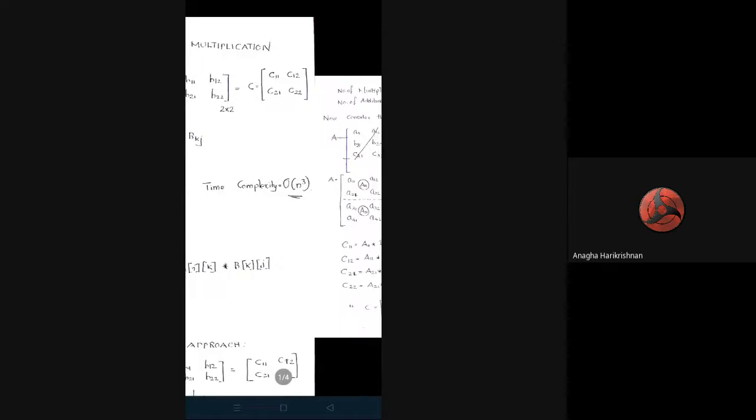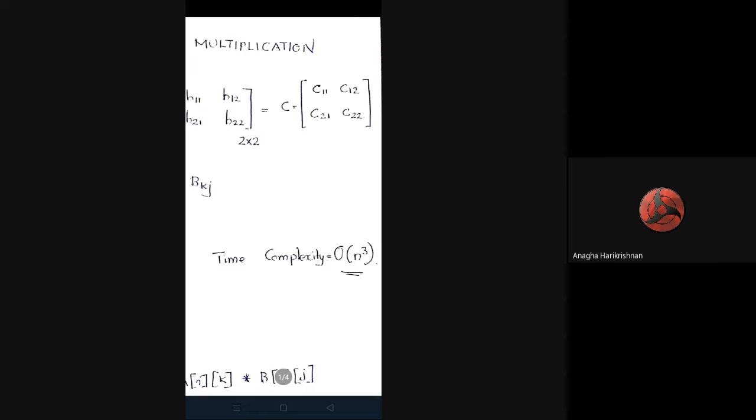Here we are considering both matrices to be square matrices. There is a matrix A, its order is 2 by 2. There is a matrix B, its order is 2 by 2. Then we want to get a matrix C, its order should be 2 by 2. How can we get it?